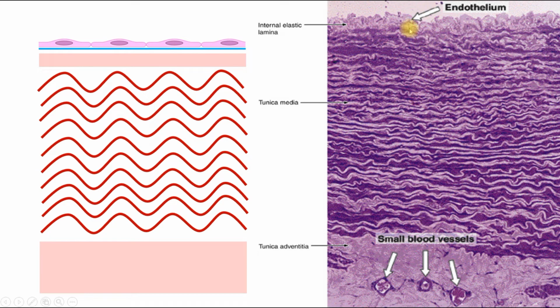It's an artery of elastic type, and there are numerous elastic membranes in the tunica media, but smooth myocytes in this case are absent. Here we can see elastic membranes of the aorta or another elastic artery.